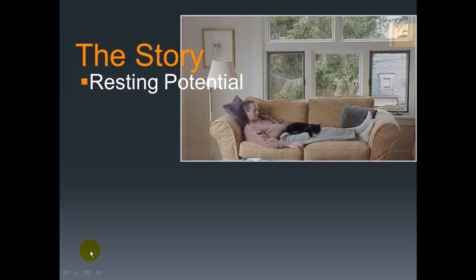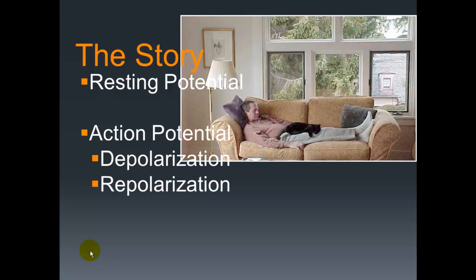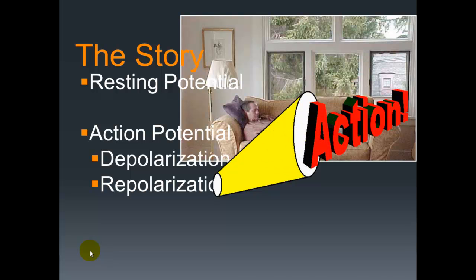Okay, so the story has 3 parts. Resting potential, so just like the man and his little kitty cat, the impulse is not occurring, resting. Action potential is going to have 2 parts: depolarization and repolarization. So action, right, when the director yells action, this is when the impulse is occurring.